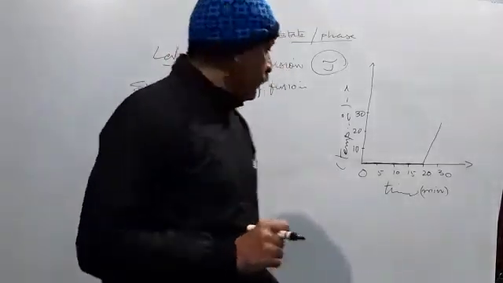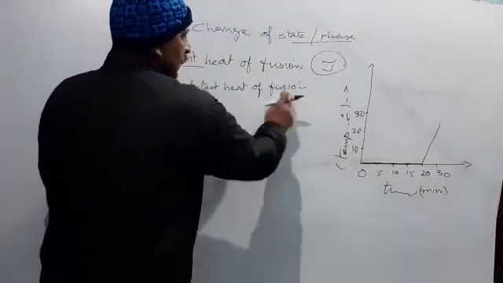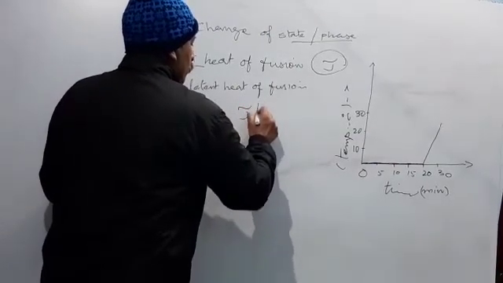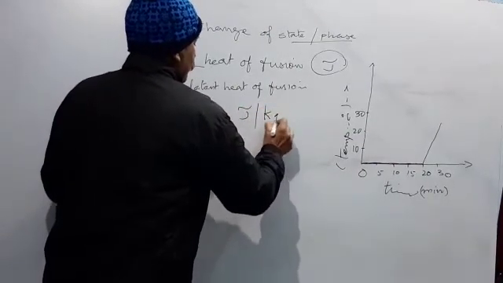Okay, so over here the specific latent heat of fusion unit becomes joule per kilogram.